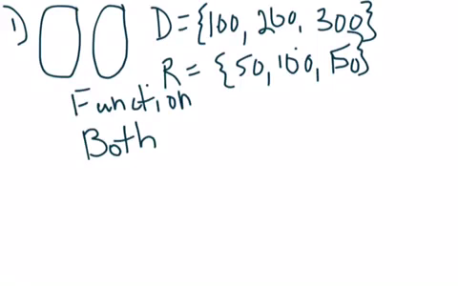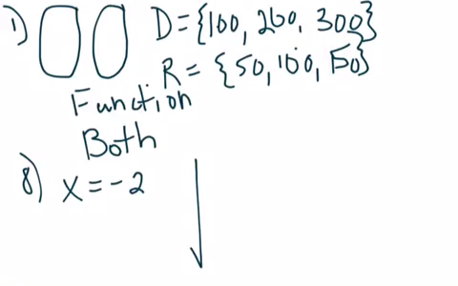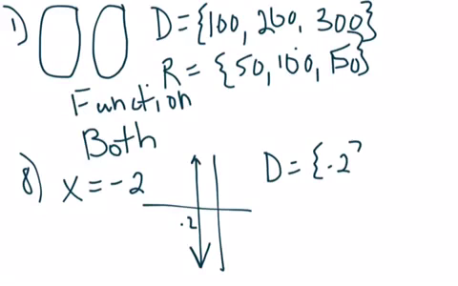If you will look at number 8 at the bottom of the page, it has x equals -2. Y equals lines are horizontal, so x equals lines are vertical. And this one happens to go through -2. So the domain is -2, which is the only x value given. The range is all real numbers.